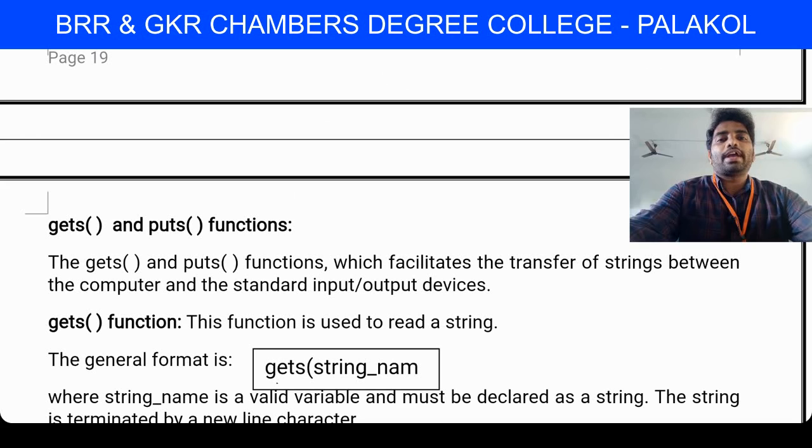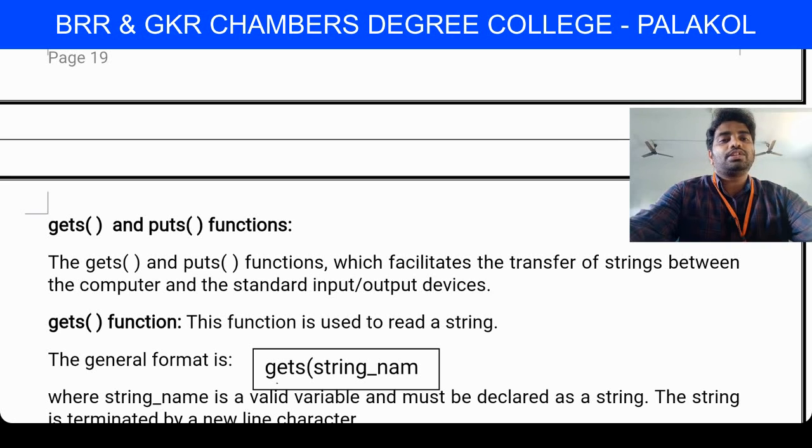Reading a group of characters uses the function gets, and puts prints the value; s means string. Put means print, s means string. A group of characters is printed using puts. The gets and puts functions facilitate the transfer of strings between the computer and the standard input or output devices.